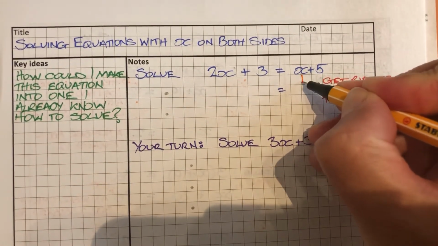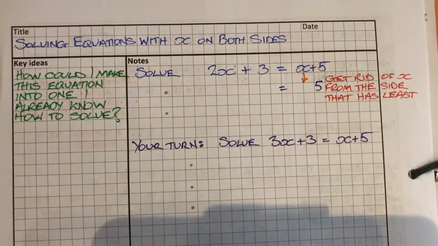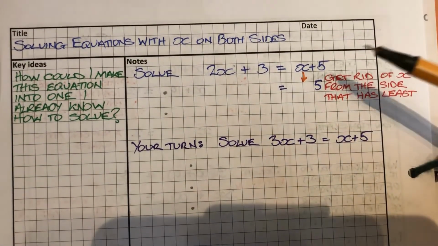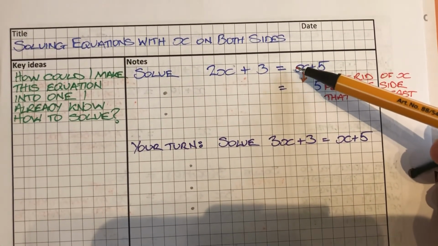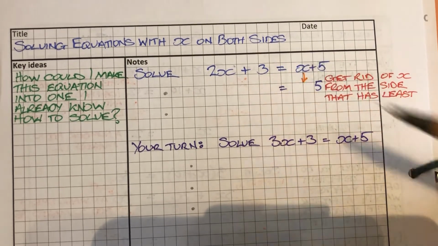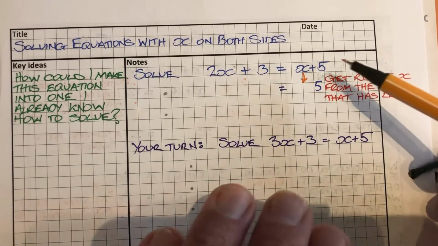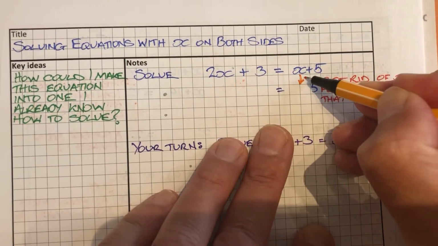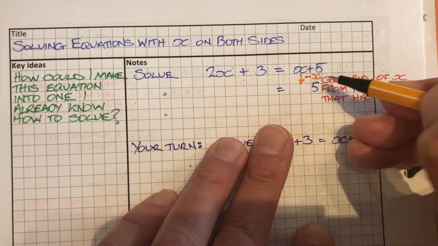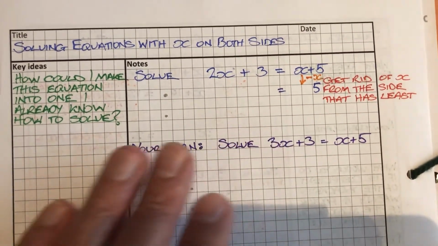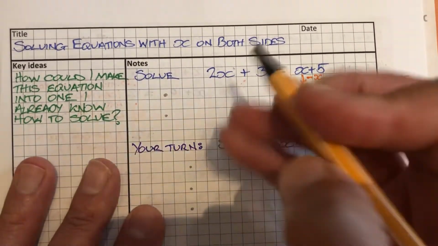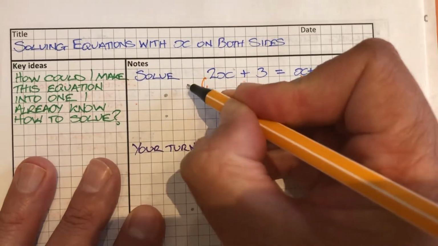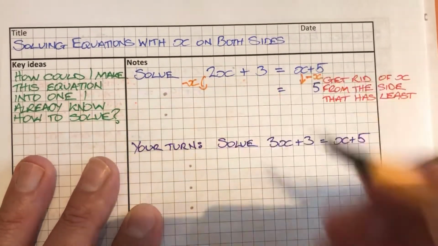So then the question is, how did that happen? Well, this is plus x, positive x, add on x. So what we did here was we had x added on and we got rid of it by doing the inverse to add x. We take away x. If we take away x from this side, then we have to do the same thing on this side.